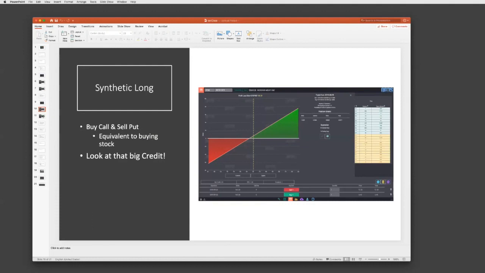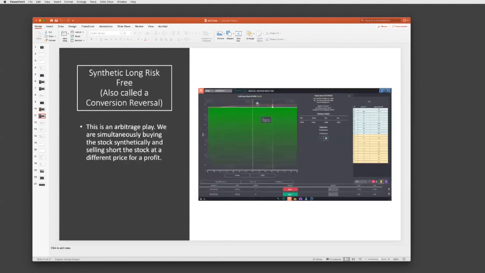So when we go to the next slide, you can see if we could go short the stock, because we have the synthetic long position. To offset a synthetic long position, we have to sell short the stock. And so if we could sell short the stock at 160.31, the current price in the market, then we could collect that 590 credit, plus we could give the shares to somebody else at 160.